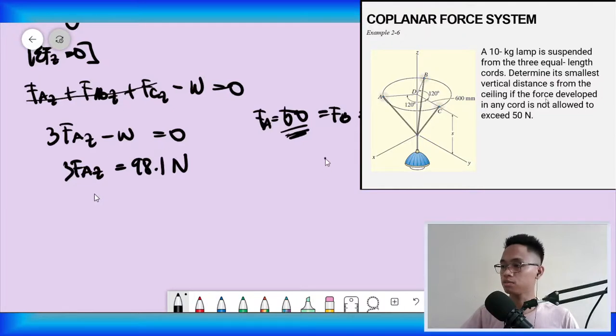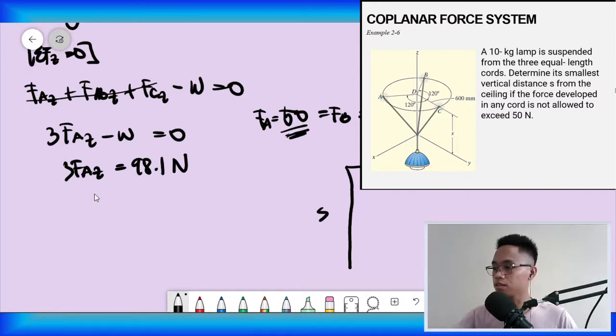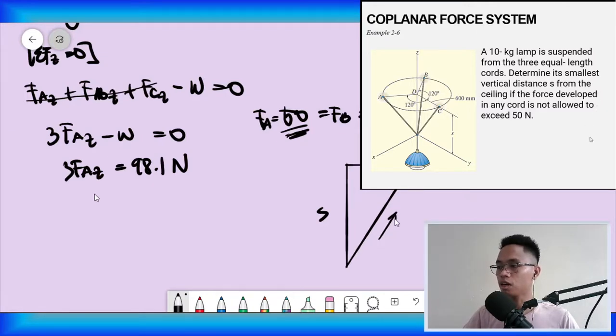I don't know if you noticed, but this is a triangle. There is 600 mm. We also have here your s, and the hypotenuse, and we know that this hypotenuse is 50 Newton.